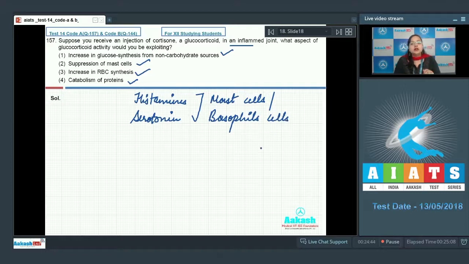And you know that glucocorticoids have immunosuppressant function. They suppress the immune response by suppressing the activity of WBCs. So here the cortisone is injected in order to suppress the activity of mast cell, so as to control the inflammation and provide relief. So the correct answer for this question is option 2, that is suppression of mast cell. So let's proceed to our next question.